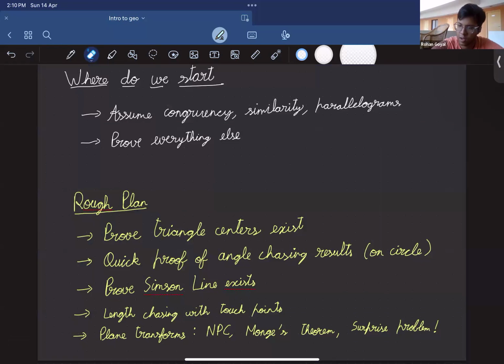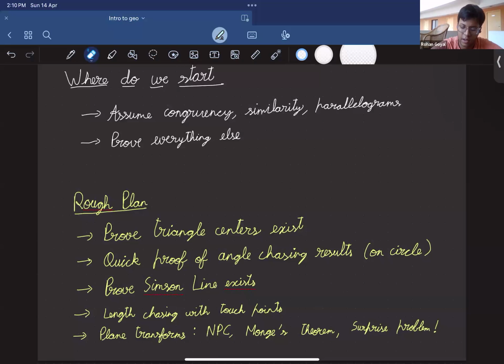We'll assume congruency. We'll assume similarity. We'll assume how parallelograms work, like the diagonals bisect each other and things like that. And we'll try to prove almost anything else that we use. Does that make sense?